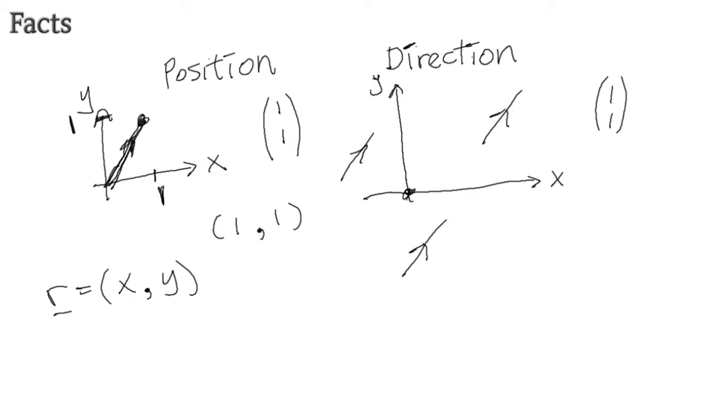Doesn't need to start on the origin. So direction factor is essentially an unconstrained position factor, whereas a position factor always starts on the origin. If you take away this initial location, then it turns into a direction factor.